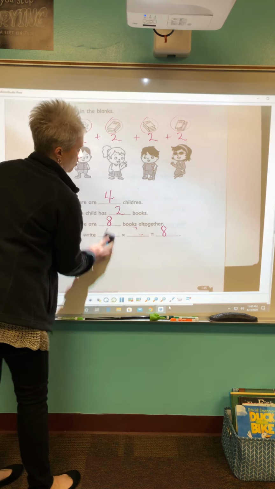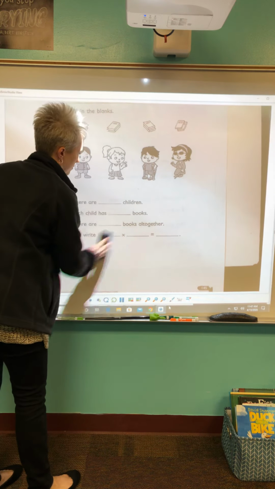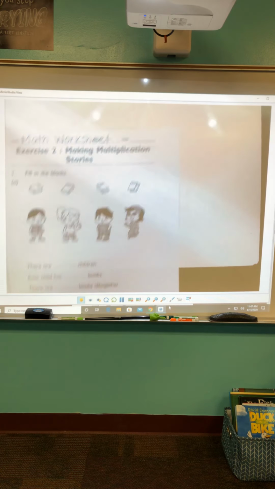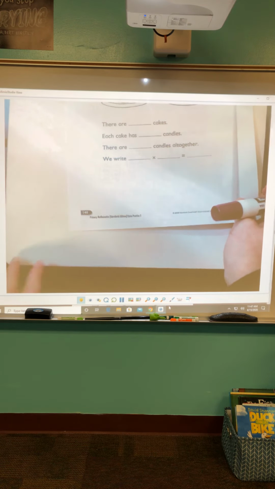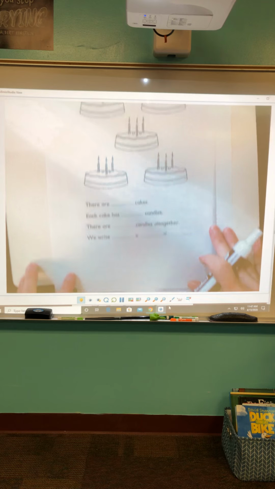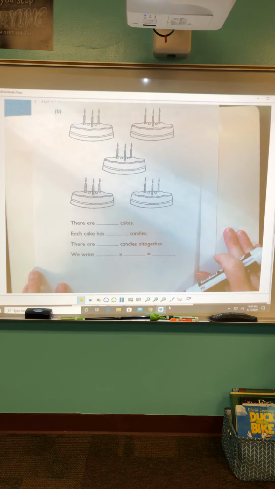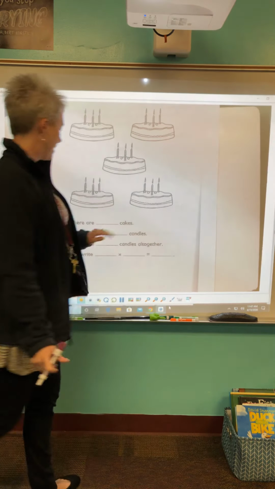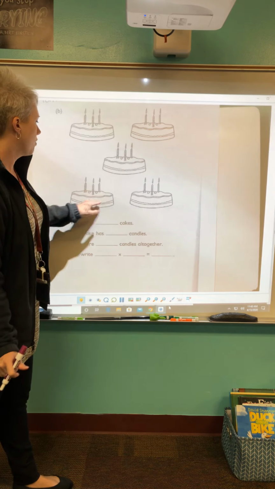All right, let's do one more. It's on page 146, just like the last one. The 146 is right down there in the corner. And it has birthday cakes. Okay, there are blank cakes. 1, 2, 3, 4, 5.